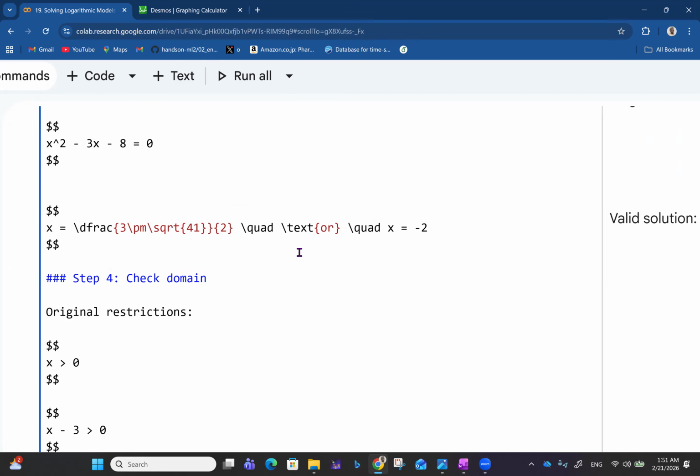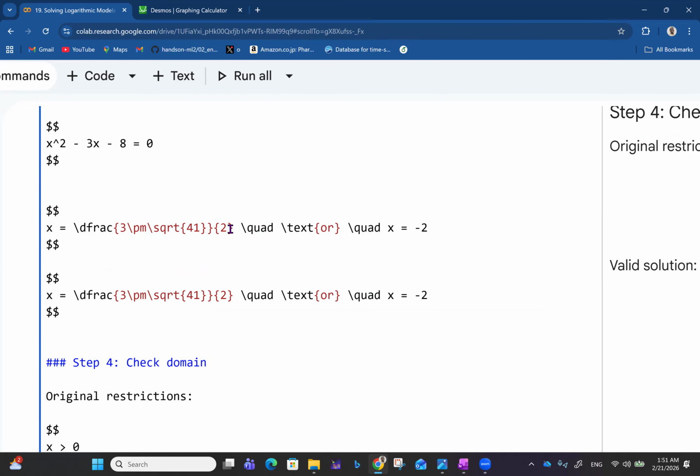Okay, I can just copy and paste this now. So I can have this first of all here.